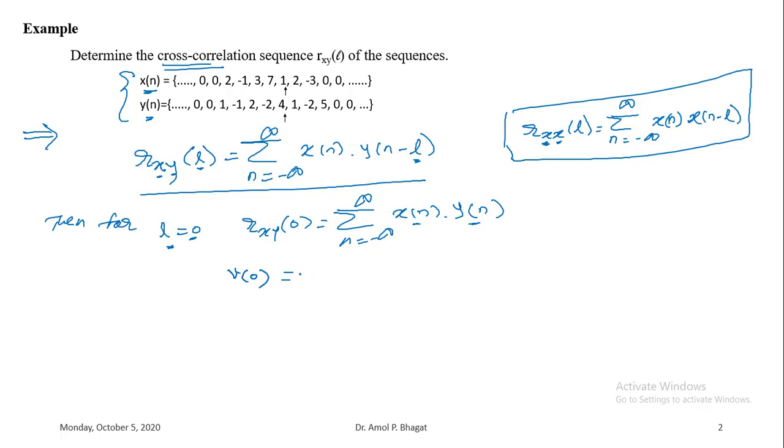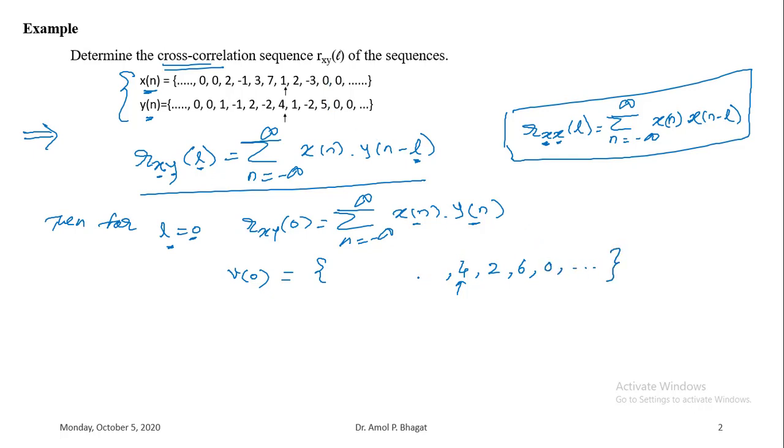So if I am identifying this sequence, what sequence will you get? 4 multiplied by 1 will be 4, the value at the origin, comma, 2 multiplied by 1 will be 2, then minus 2 multiplied by minus 3 will be 6, then 5 multiplied by 0 will be 0 and so on.